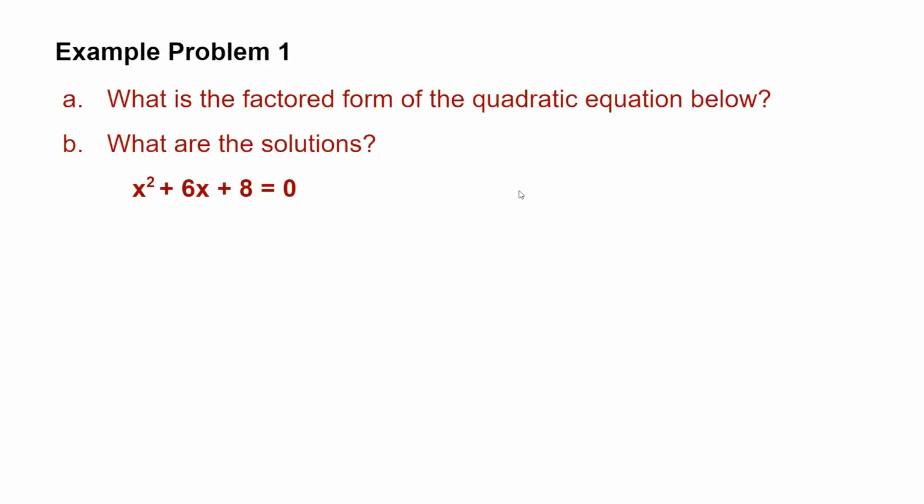Here's problem 1. We're trying to find the factored form of this quadratic equation, and then what are the solutions? So notice that the constant is +8. So step 1 is to find two numbers whose product is +8.